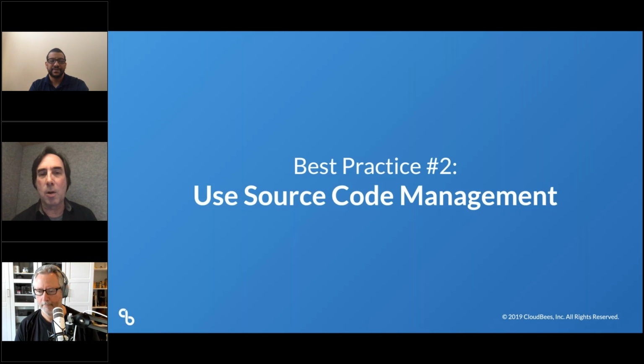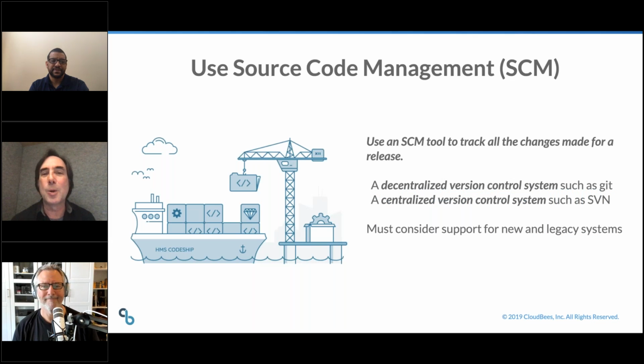So moving right along, uncontroversial best practice number 2 is to use source code management. So with this, obviously, you want to track all the changes made for your release. There are a couple of types of source code management systems. A decentralized system, such as Git, is the most common, certainly for modern software projects. Git holds the dominant market share.